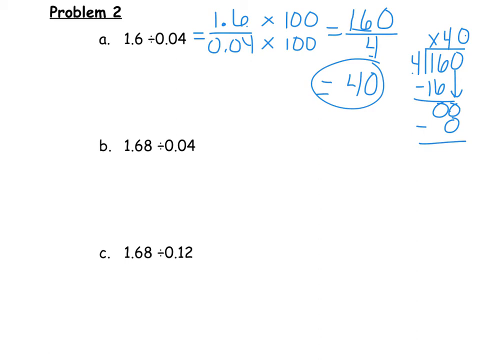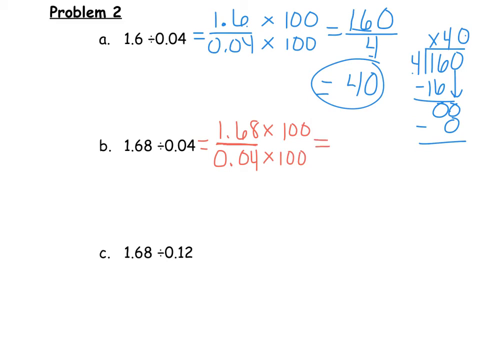Part B, 1 68 hundredths divided by 4 hundredths. So let's make this a fraction. So my numerator comes from my dividend, which is 1 68 hundredths, divided by my divisor, which is my new denominator, which is 0 and 4 hundredths, or just 4 hundredths. So the 8 is in the hundredths, the 4 is in the hundredths, so I'm going to multiply by 100.